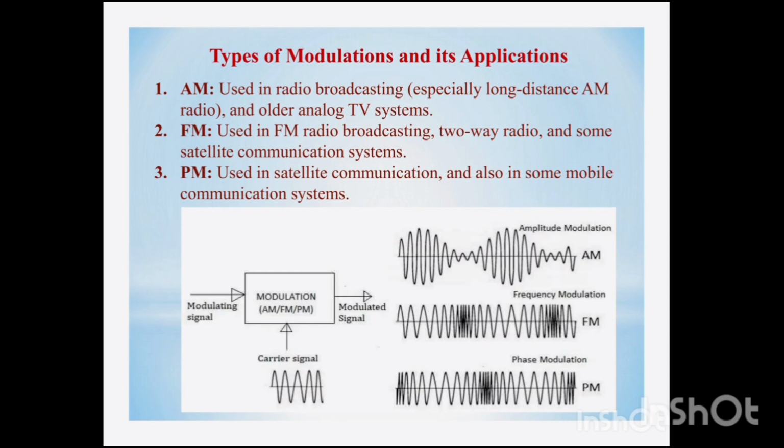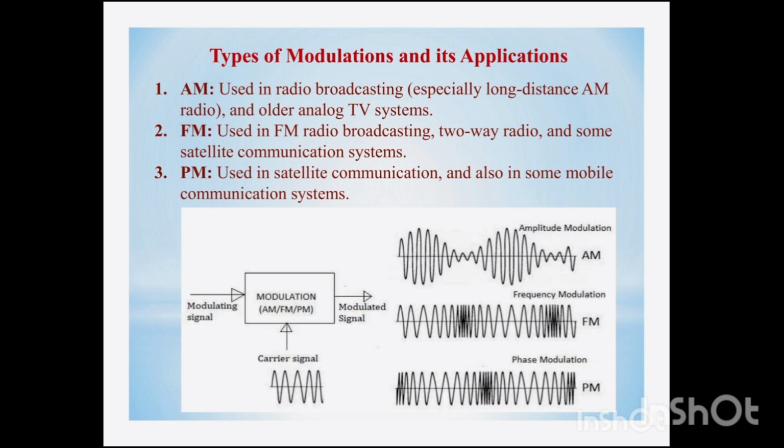Second is frequency modulation. In frequency modulation, the frequency of the carrier will vary according to the amplitude of the input information signal. This can be used in FM radio broadcasting, two-way radios, and in some satellite communication systems.